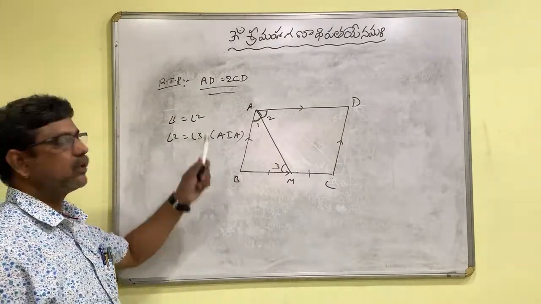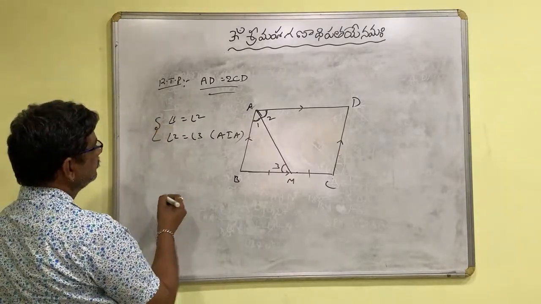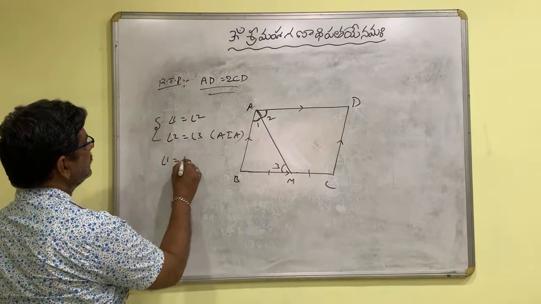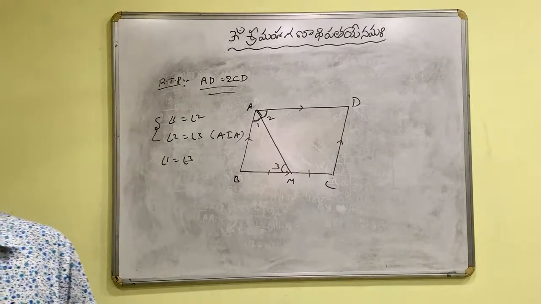But angle 1 is equal to angle 2. So from these two, we can say that angle 1 is equal to angle 3.